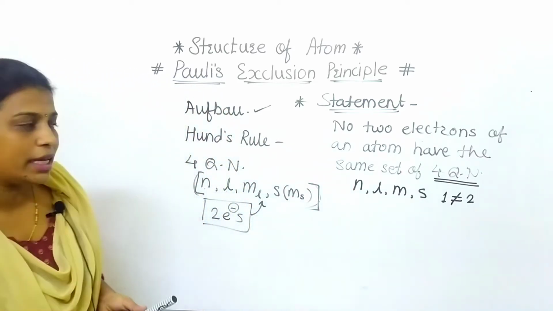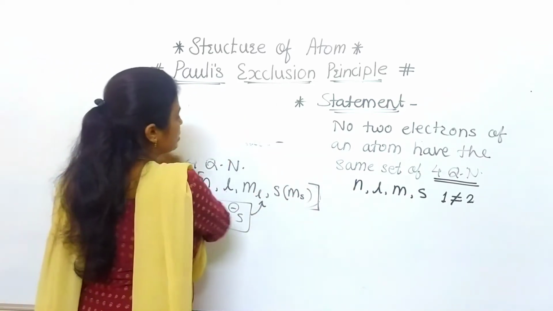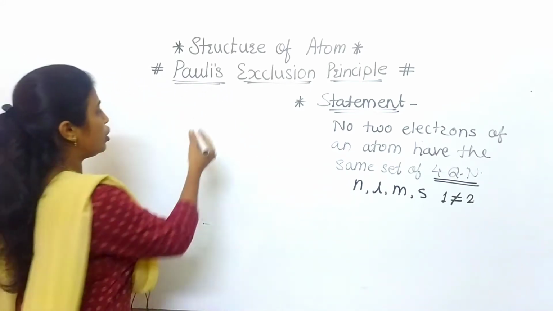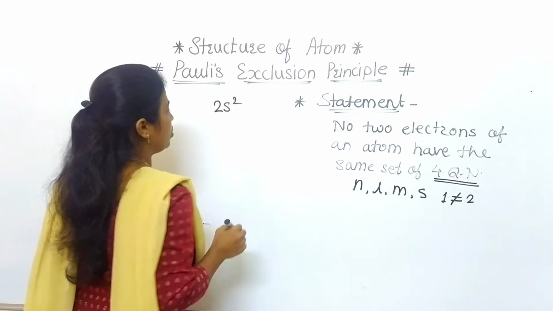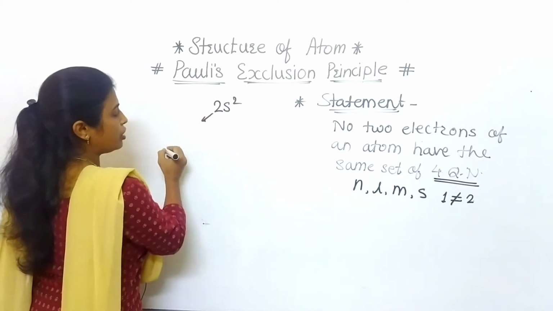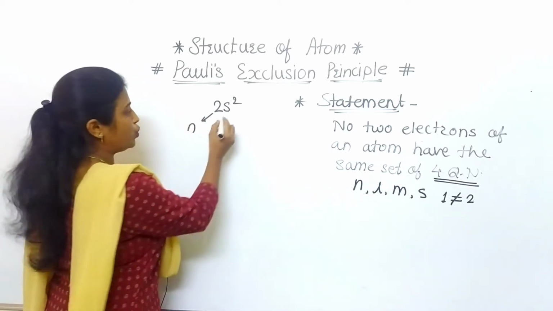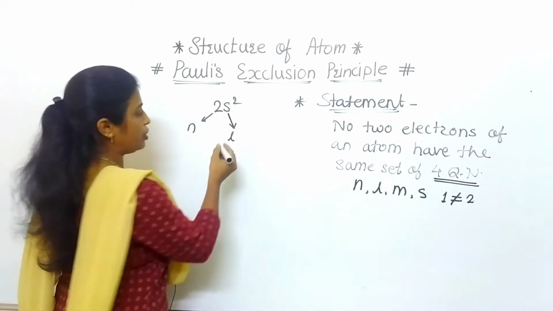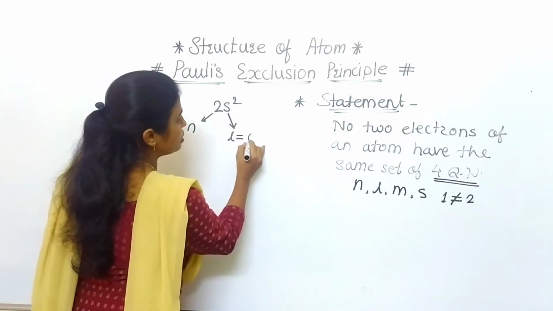What is an example for this? If we consider 2s2, the principal quantum number n is equal to 2. The s gives an idea about the azimuthal quantum number, that is, s means 0.